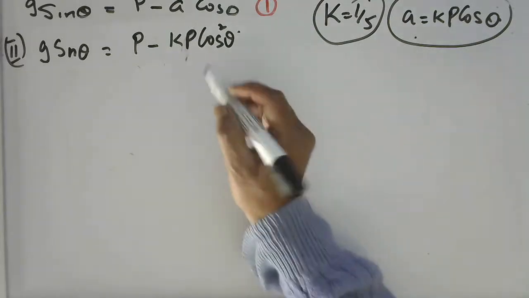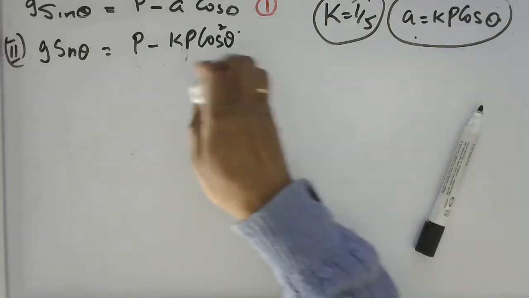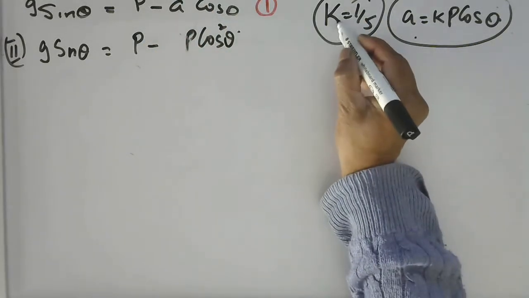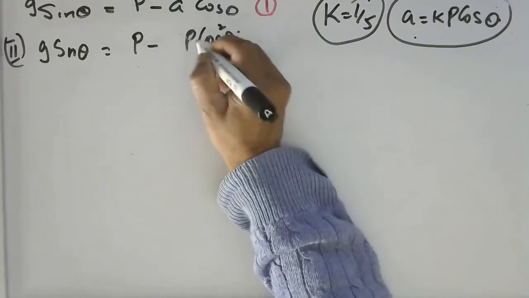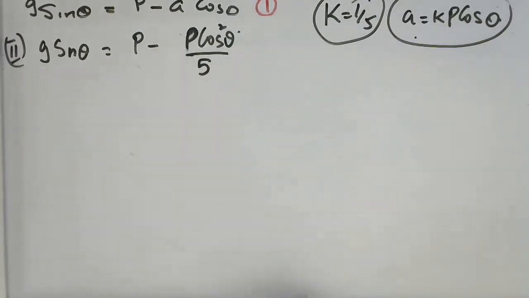In here, I'm going to replace k with 1/5 because we already worked out in the first part that k is equal to 1/5. So I'm going to write 5 underneath.